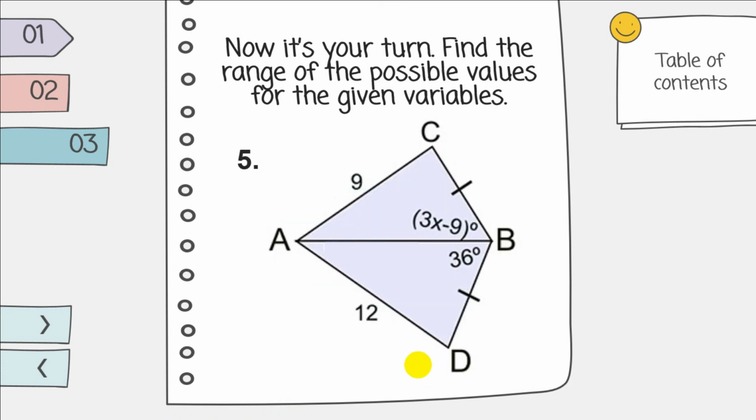Then for item number 5, kagaya rin po nung 3 and nung number 4, given yung measurements ng sides, ang hahanapin naman po ay yung sa angles pa rin. So converse of the Hinge Theorem pa rin. And then, huwag kakalimutan pong ilagay dun sa ating inequality. Again, x is greater than the lower limit but less than the upper limit.